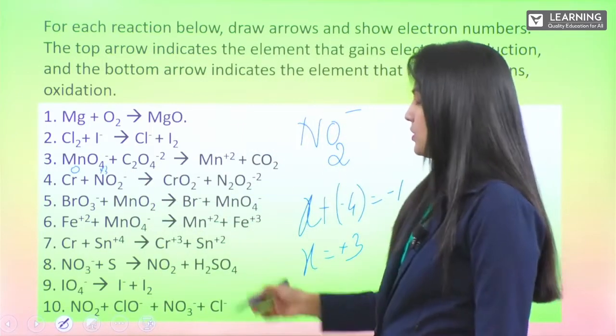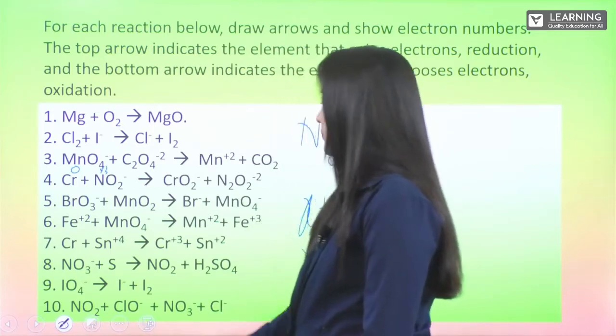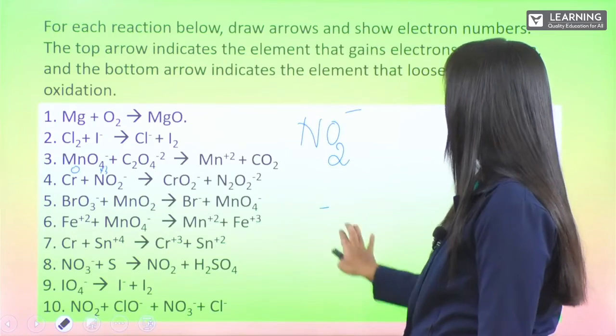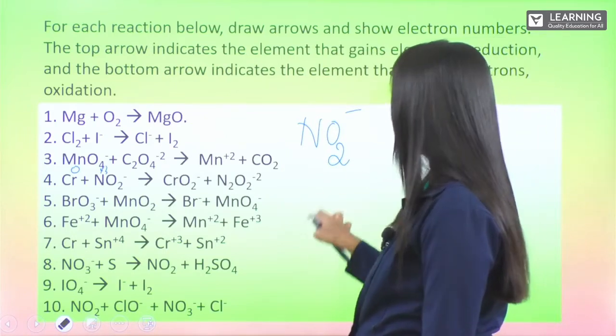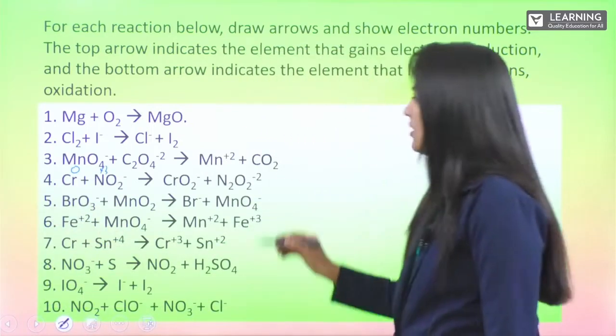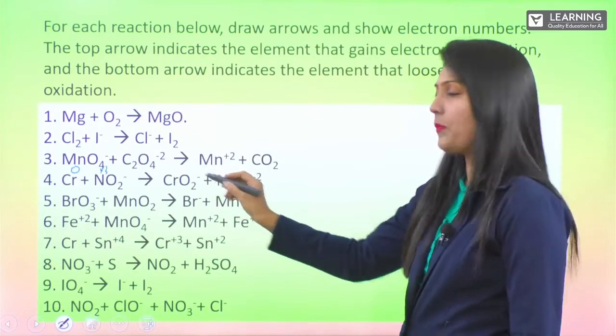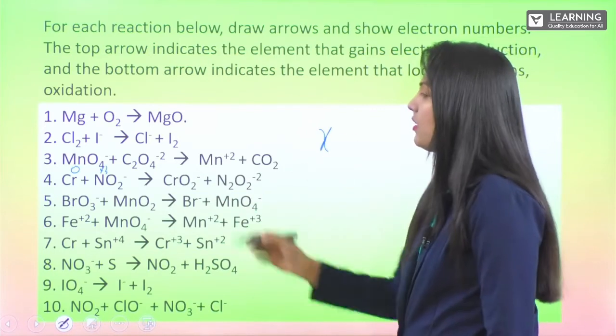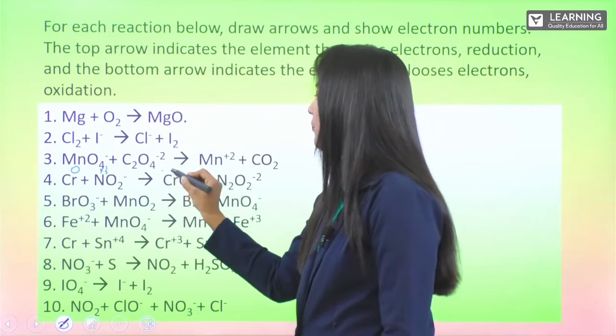Here we have chromium. I'll just erase this. Fine. So we have CrO2 minus. So there x plus, again we'll get the same thing, we'll get it as plus 3.